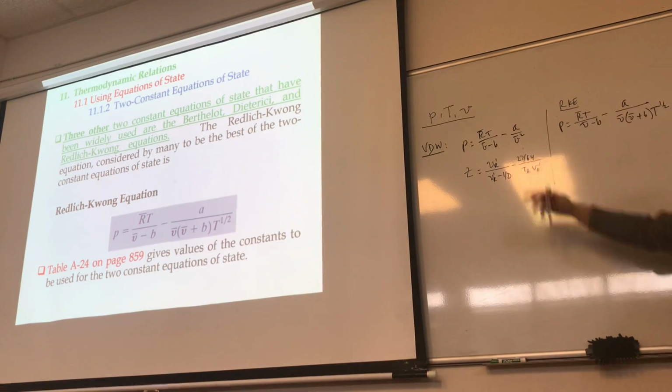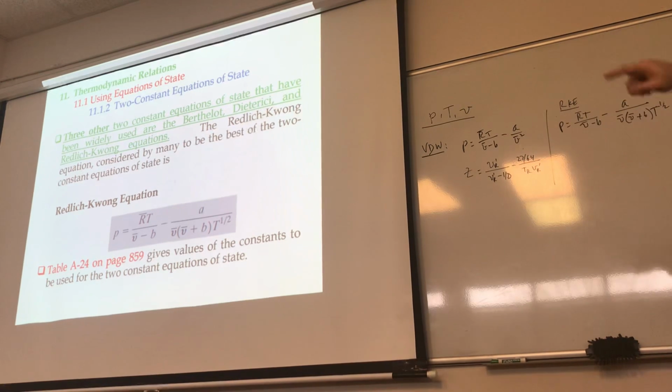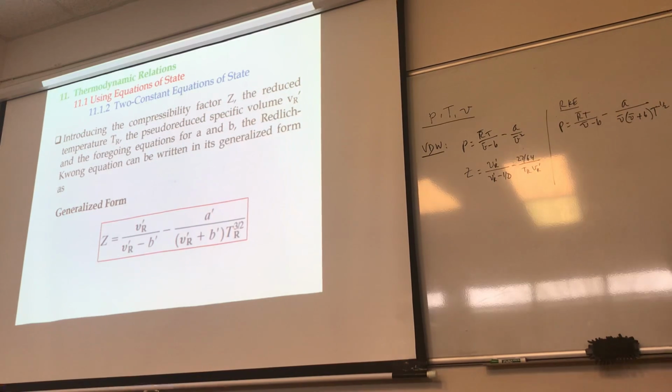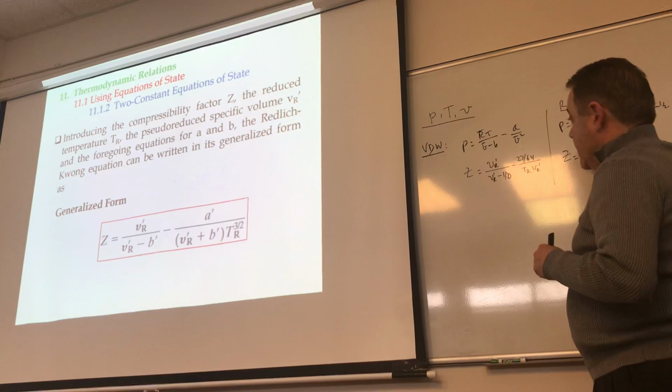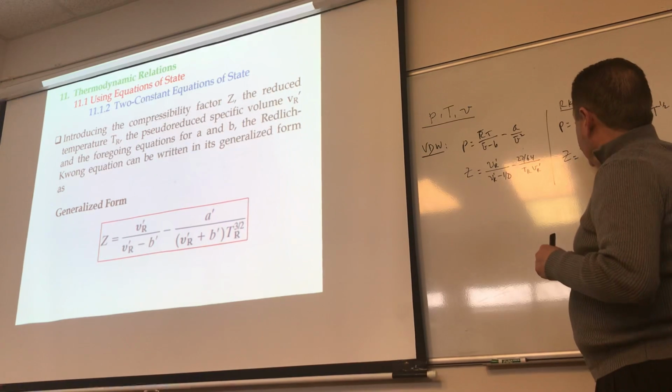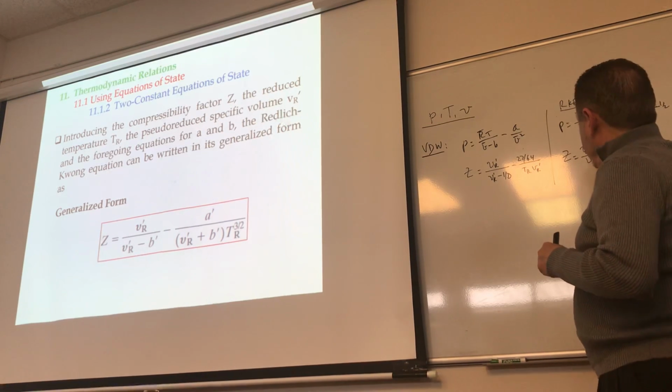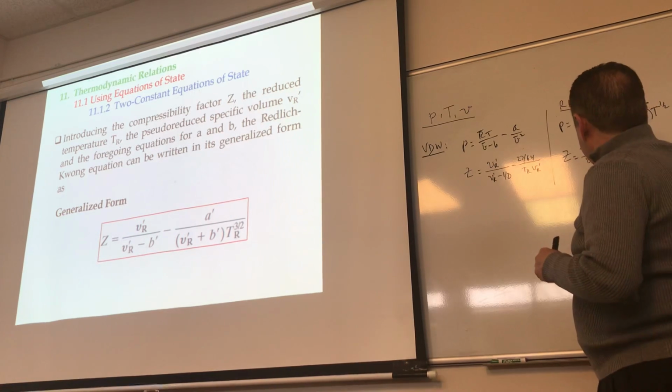So this guy comes in after this, and he says, wow, the equation is probably better this way than it is with the other one. It's still analytically a fine equation, and then he gives us the compressibility factor here as Z equal to V_R prime over V_R prime minus B prime, minus A prime.